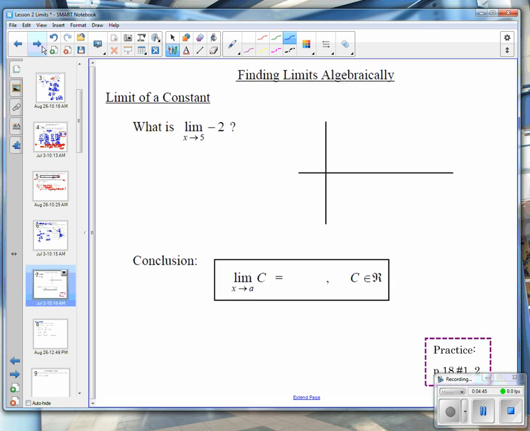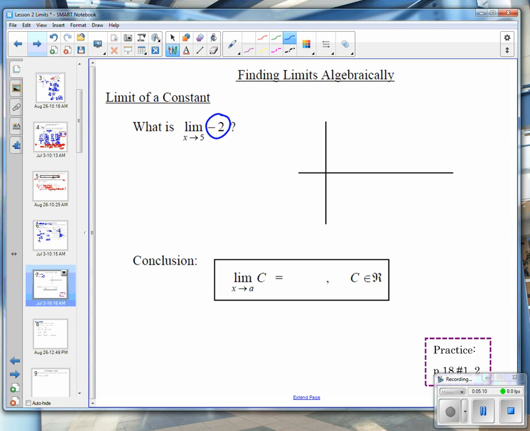Something else that's kind of cool about graphing, and I know this says finding limits algebraically, but this is still talking about graphing here. If I say the limit of a constant, so remember if my function in this case is equal to -2, what is the difference between this function and all the other functions that we've been using? Obviously, it doesn't have a variable in it.